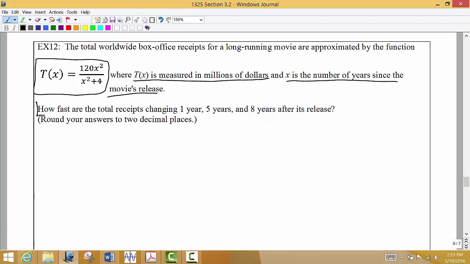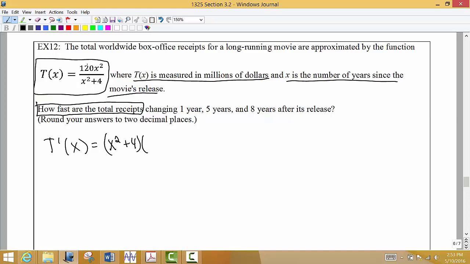If we want to know how fast the total receipts are changing, then we need to find a derivative. We want to find our rate of change formula. We have a fraction, so we're going to use our quotient rule. It will be the denominator, as is, times the derivative of the numerator.